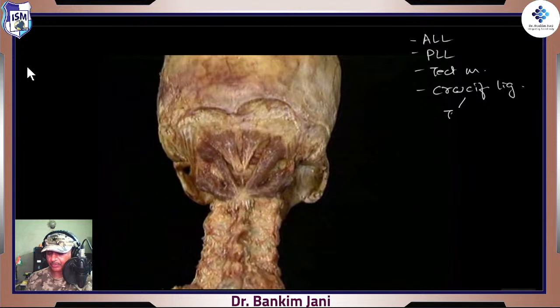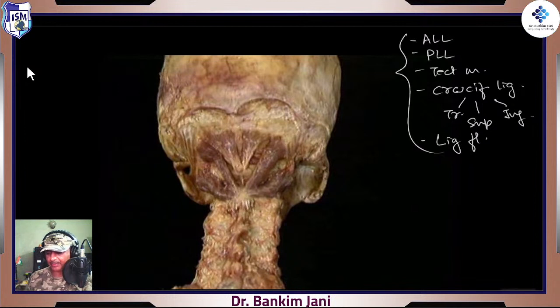In that there was the transverse ligament, the superior band, the inferior band, right? And you know about the ligamentum flavum. Also, you know about those synovial joints and everything, right? So if this much is clear, these many structures give stability to the head with respect to the rest of the vertebral column.